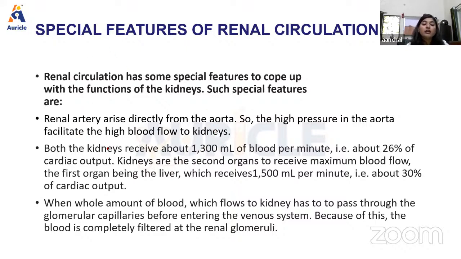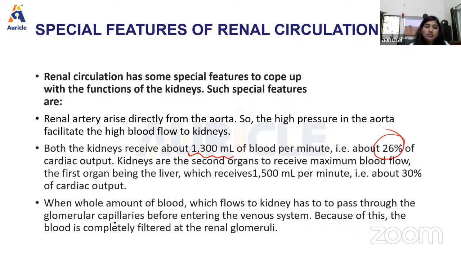Now the next feature, both the kidneys receive 1300 ml of blood per minute, which is about 26% of cardiac output. So kidneys are the second organ to receive maximum blood flow. The first is the liver, which receives 1500 ml per minute, about 30% of cardiac output. Now the third, the whole amount of blood which flows to the kidney has to pass through the glomerular capillary before entering the venous system.